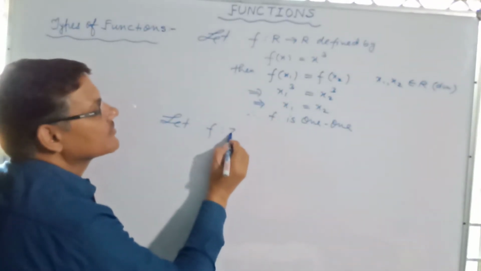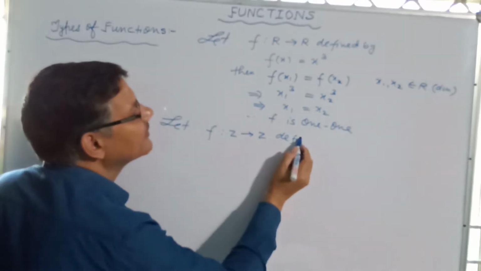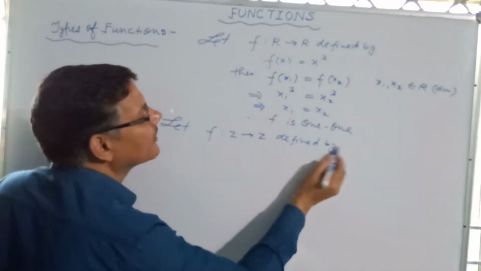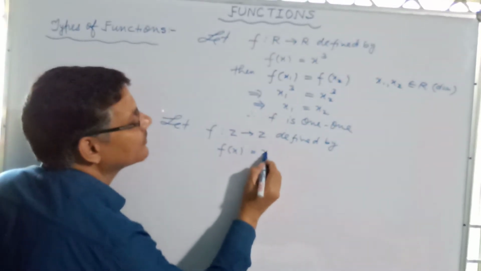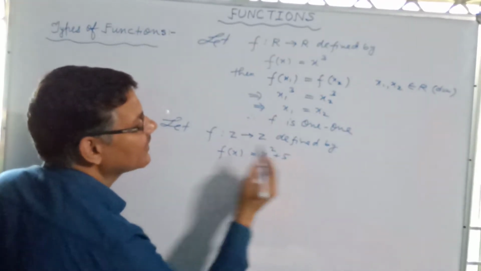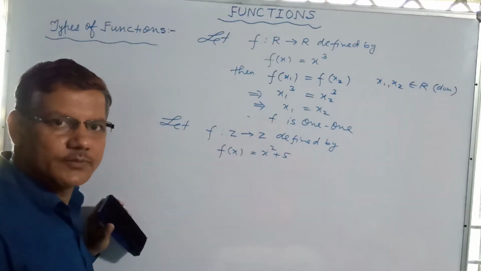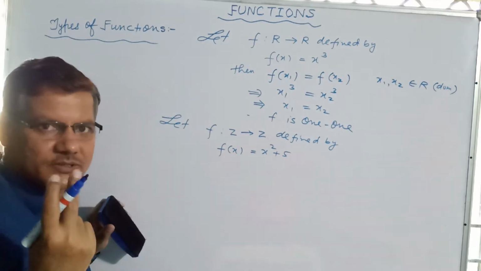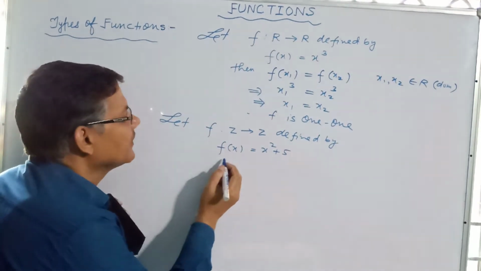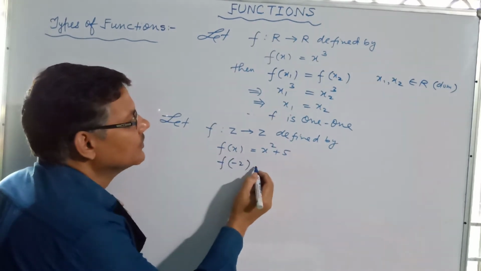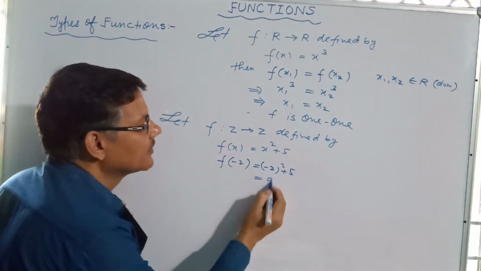At the same time, if we take a different example, let f be a function from the set of integers to the set of integers defined by f(x) = x square plus 5. So there is a scope of contradiction. That's why we are supposed to contradict it. It means we have to search for two elements of its domain whose image is the same. If we take minus 2, then definitely it is (minus 2) whole square plus 5, and we get 9.